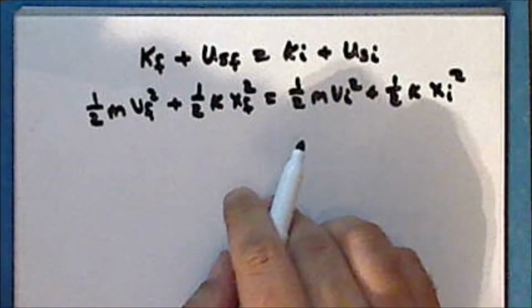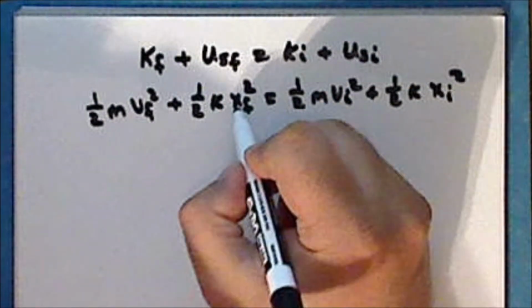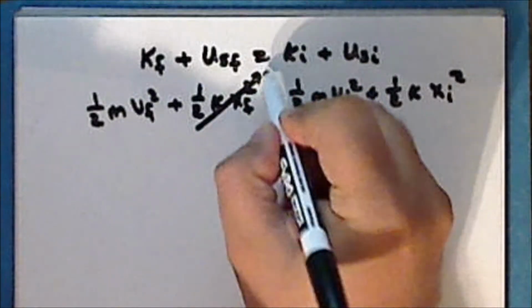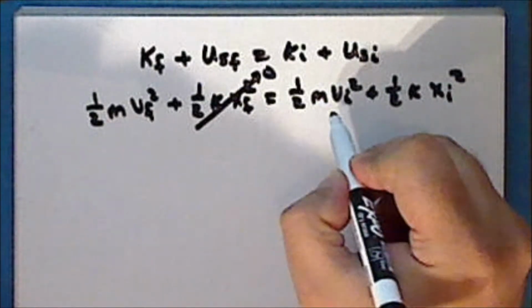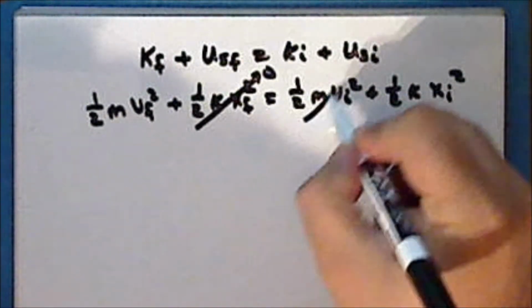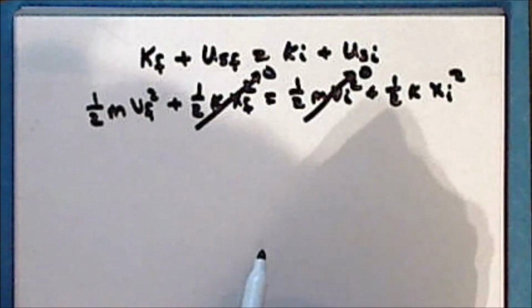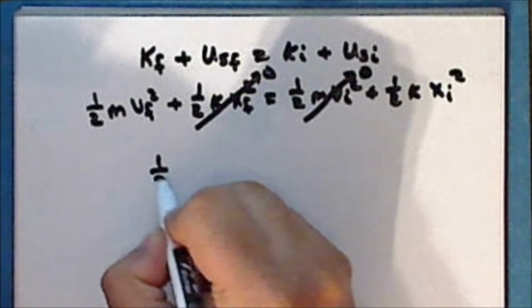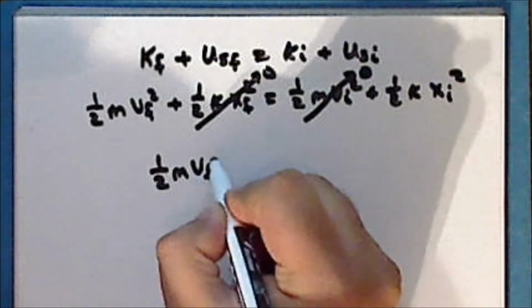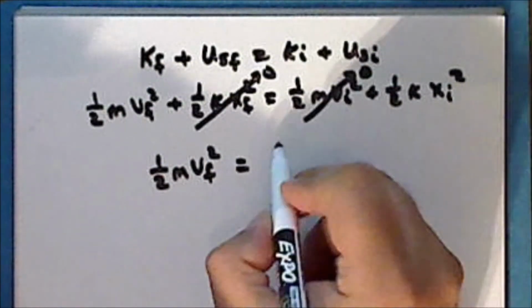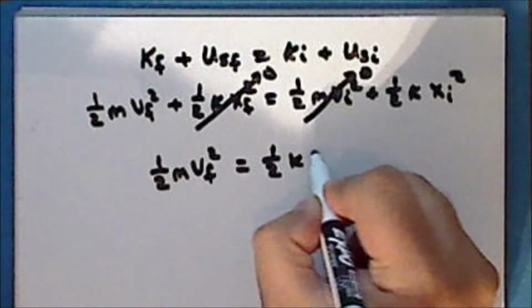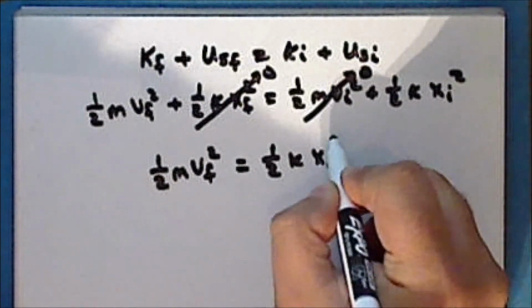Now, when the spring is released, it returns to its equilibrium position. And when the ball is loaded, it is initially at rest. And so we have a simplified equation. 1/2 the mass of the ball times its speed squared is equal to 1/2 the spring constant times the initial compression squared.